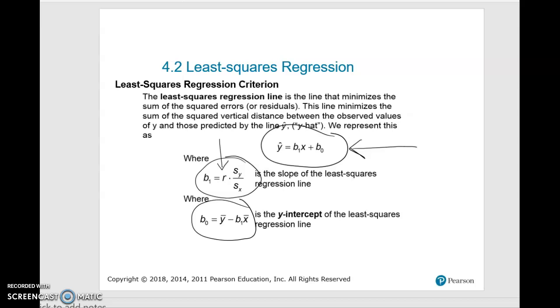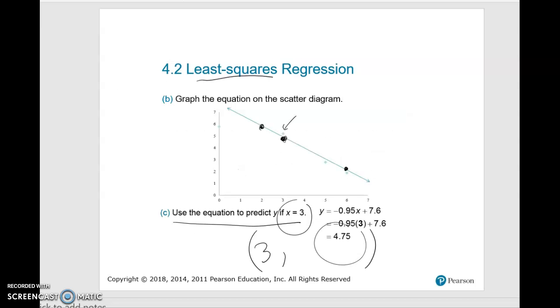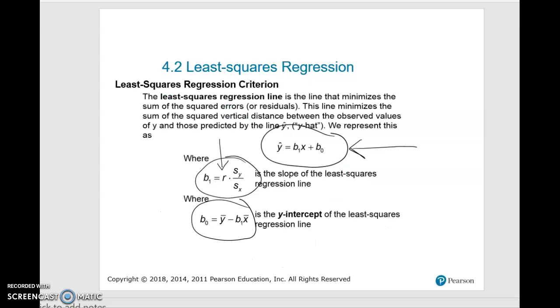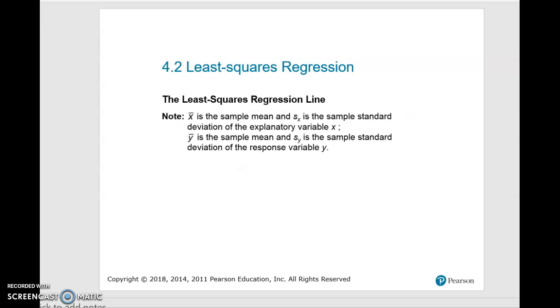But again, we won't use this method. We'll either use the basic method from algebra class, or we'll mostly use the computer. We don't have to worry about these equations. We'll just have to interpret. That's the importance here. I want you to be able to interpret slope, interpret y-intercept, and then use it to predict values.